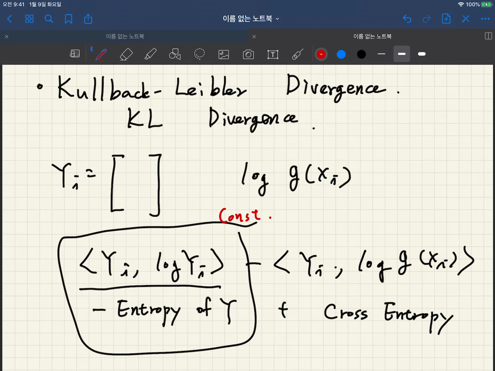Anyway, KL divergence is a very famous divergence metric that can assess the difference between the target distribution and your current generated distribution, your target distribution vector and your current estimation vector.